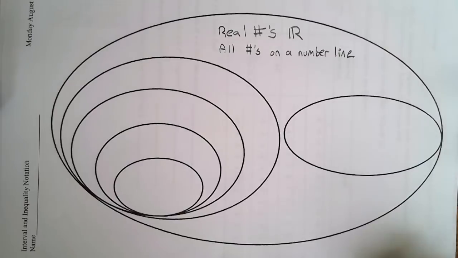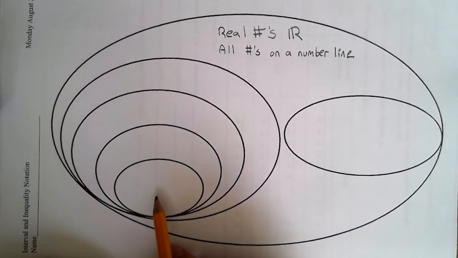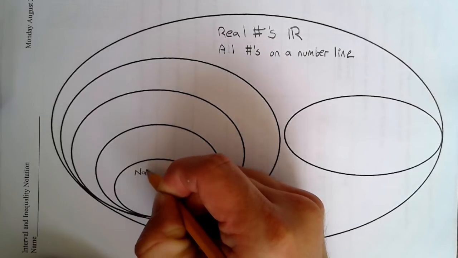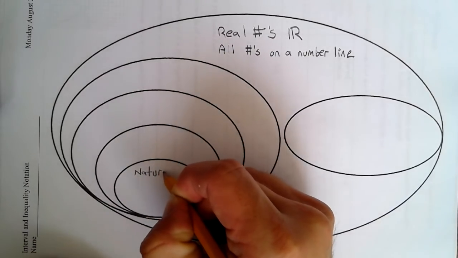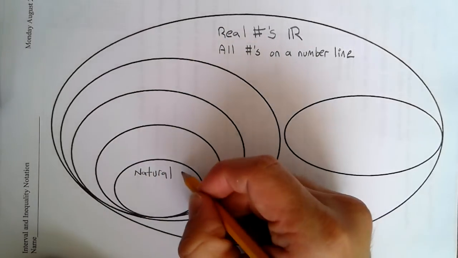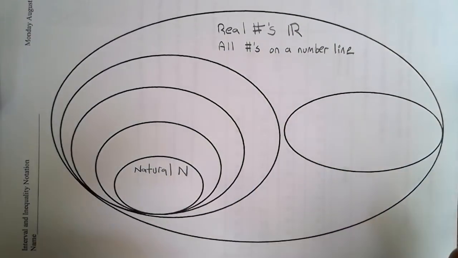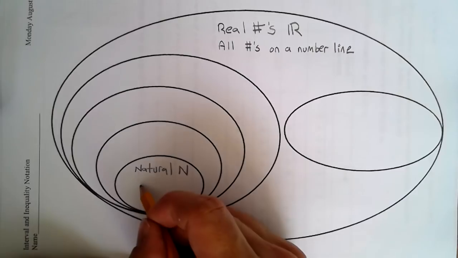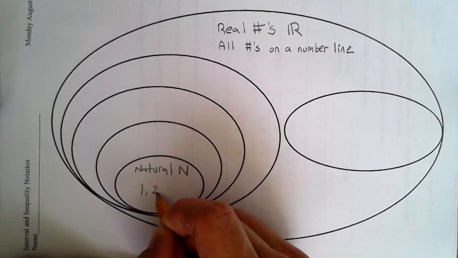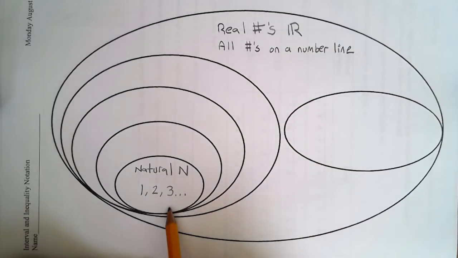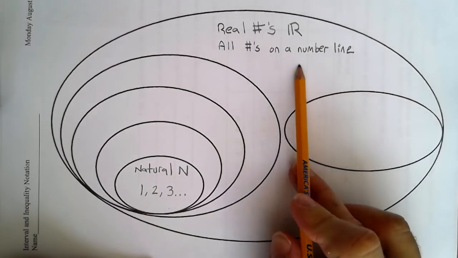All right, so let's start with the innermost circle, okay? That is natural numbers. And we represent that with the capital N. Now, natural numbers are what you think natural. It was natural to count 1, 2, 3, ... Now, natural numbers are a subset of the set of all real numbers.